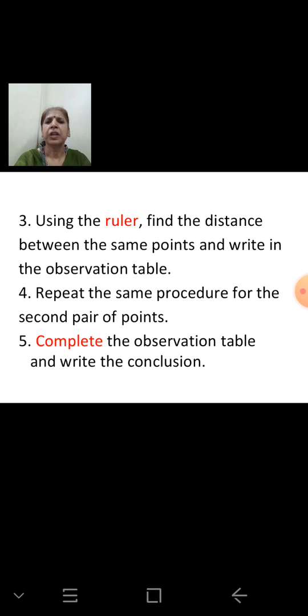Now using the ruler, find the distance between the same points and write in the observation table. Repeat the same procedure for the second pair of points. Complete the observation table and write the conclusion.